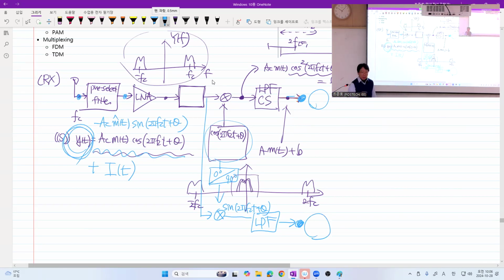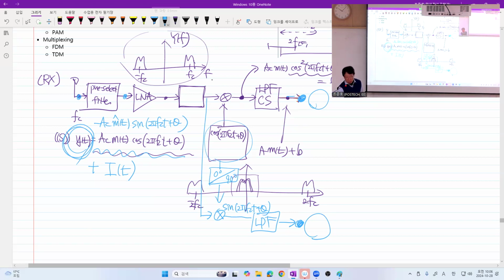But for analog communication where the message is a real-valued baseband signal, usually you don't have this branch. However, for SSB, the optimal receiver must have two branches.